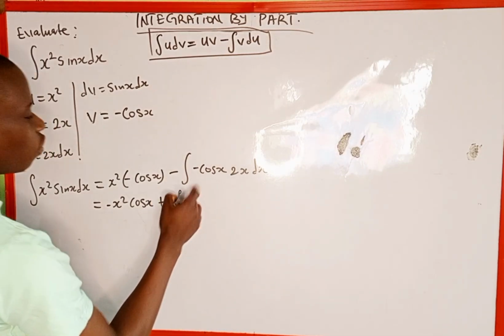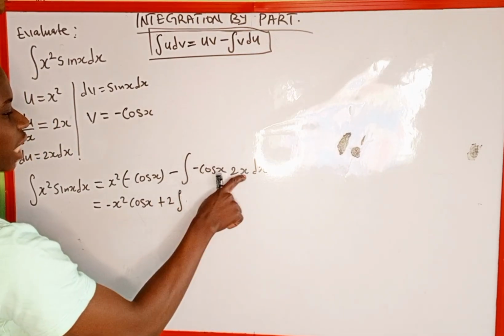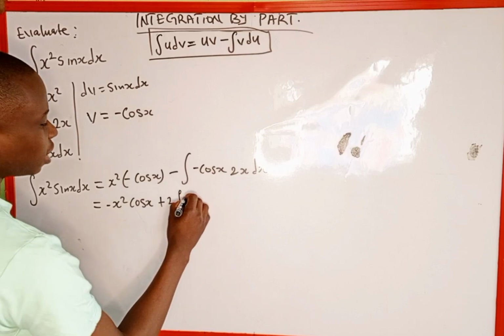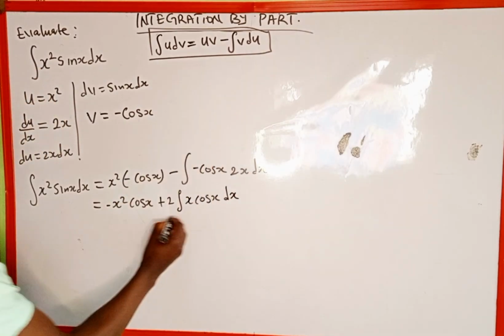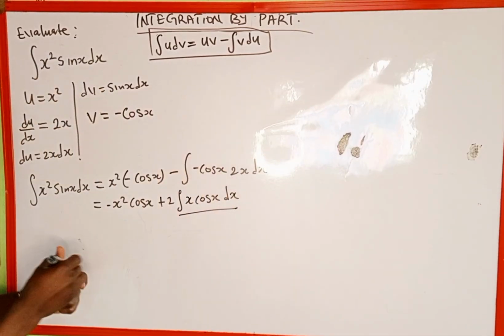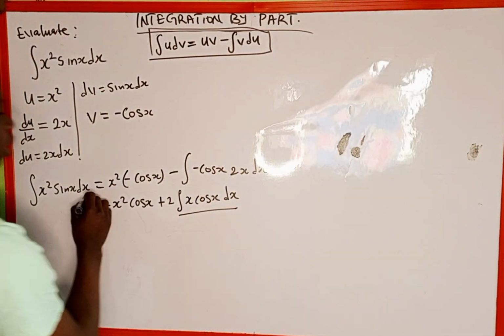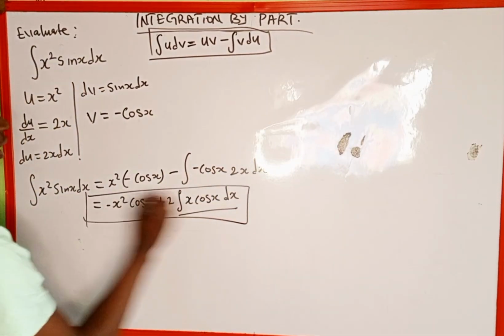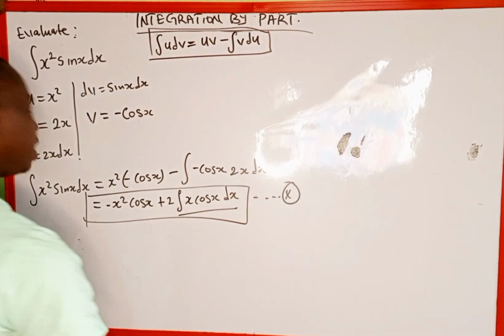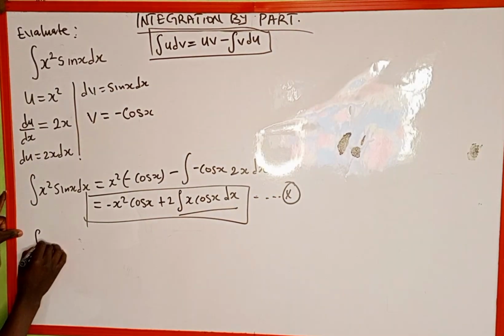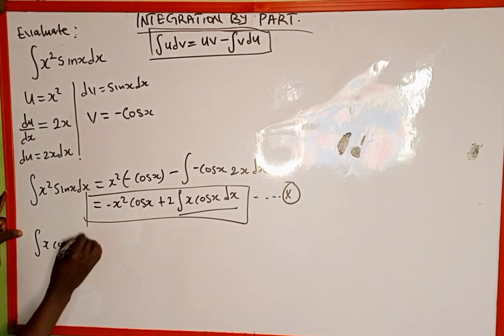The integral of this place is going to remain cos x and x, which multiplied by cos x gives us x cosine x, then the dx. So if you look at this part, we are still going to apply integration by parts. So we keep this one, then we keep this one, then we have the integral of x cos x dx. So we bring this out, the integral of x cos x dx.